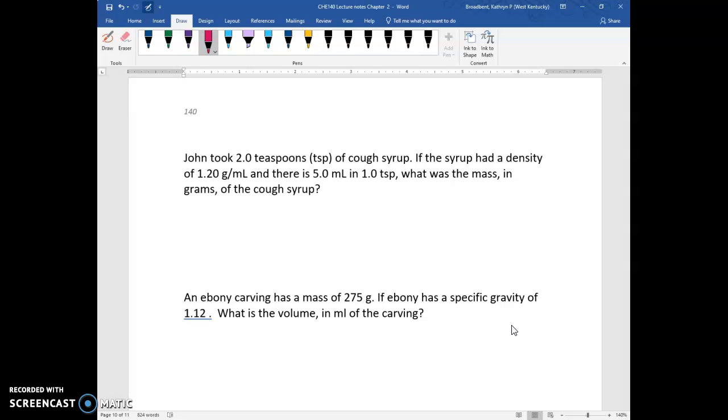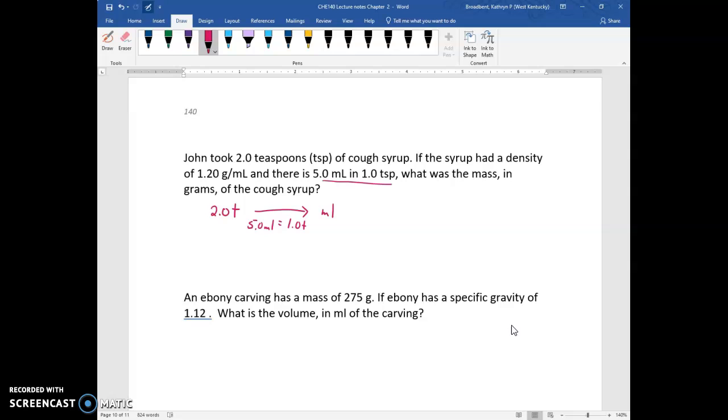Okay, so we're starting with John's 2 teaspoons, and we're going to convert teaspoons into milliliters. And we can use this information right here. 5 milliliters is equal to 1 teaspoon.